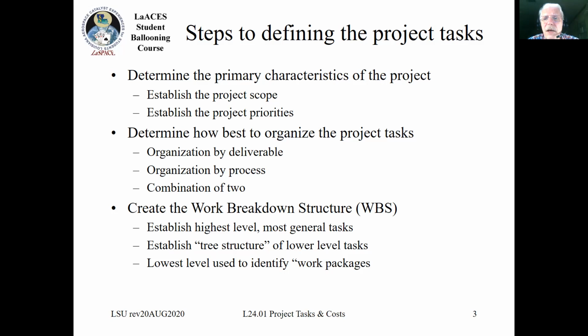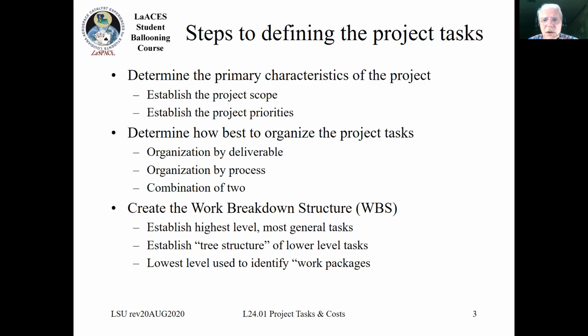Then you create what's called a work breakdown structure, or a WBS. You'll hear me refer to WBS many times. That's called the work breakdown structure. That structure is a hierarchical structure of tasks or subtasks. You start off by first identifying your highest level, most general tasks, and then under each one of those general high level tasks, you define your lower level tasks and even lower ones beneath those.